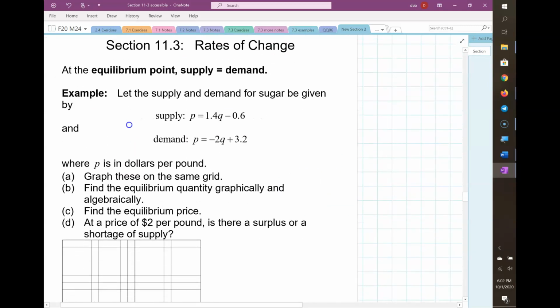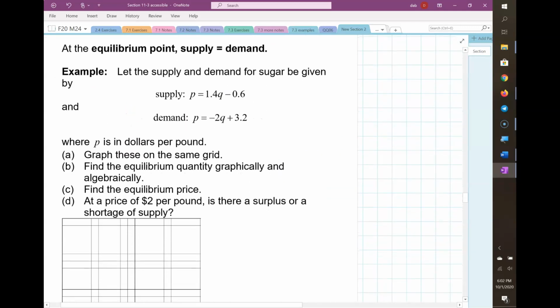Okay, so here's an example where we have sugar, and we have that the supply is P equals 1.4Q minus 0.6. So does this look like y equals mx plus b? It's a linear function where Q is going to be on the horizontal axis and P is going to be on the vertical axis.